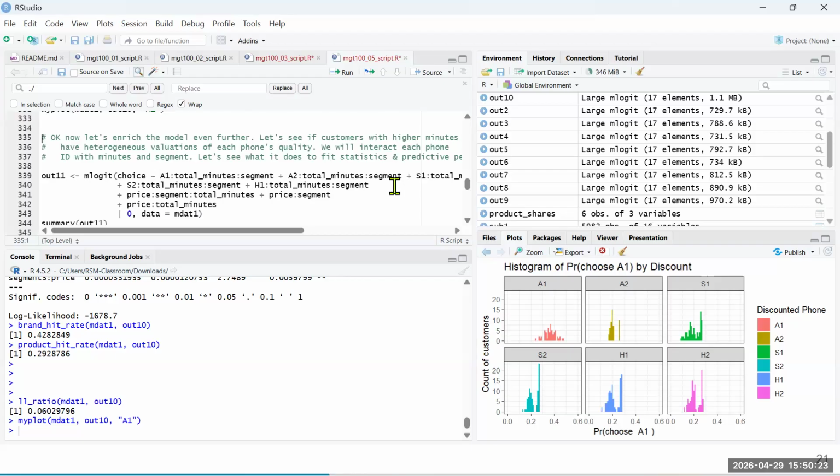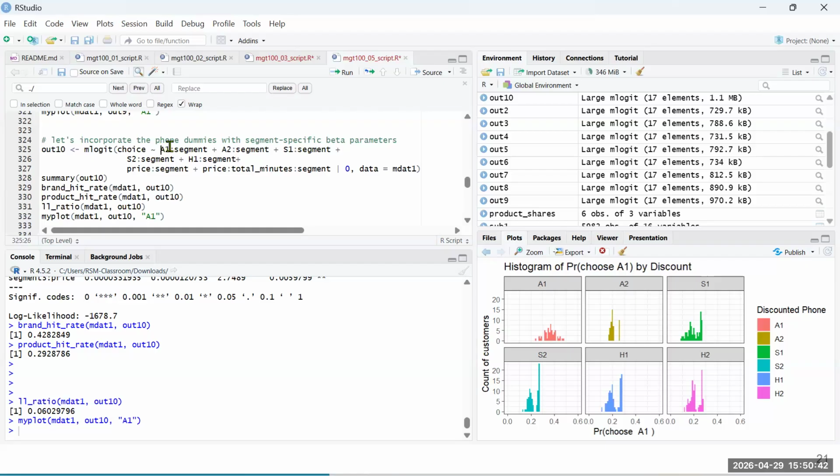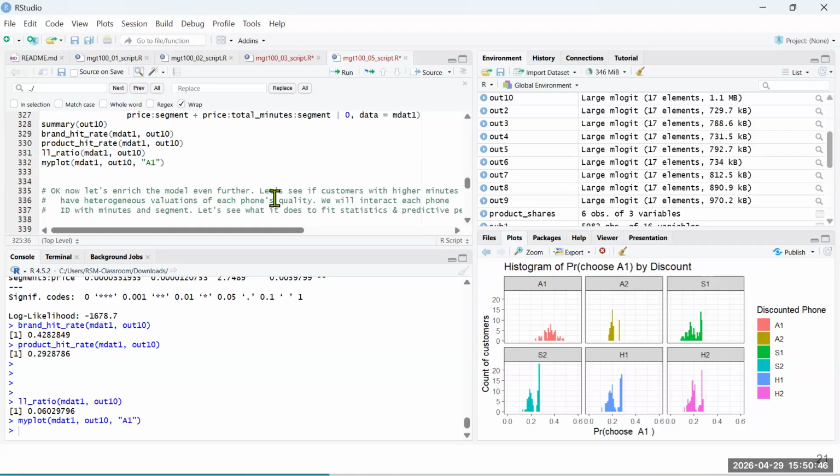Now, at this point, we're going to add 2 more extensions to this model. They're both, in my view, a little bit gratuitous. So first, we previously had product segment interactions in model 10.